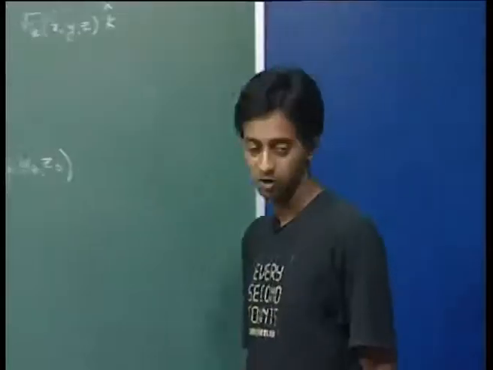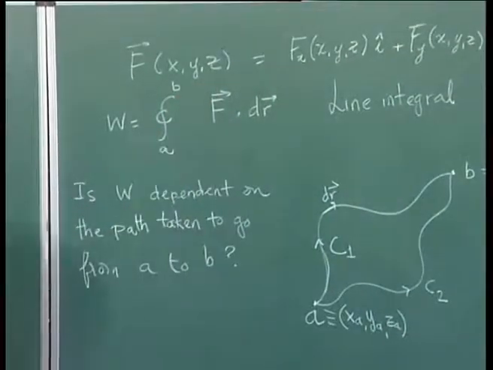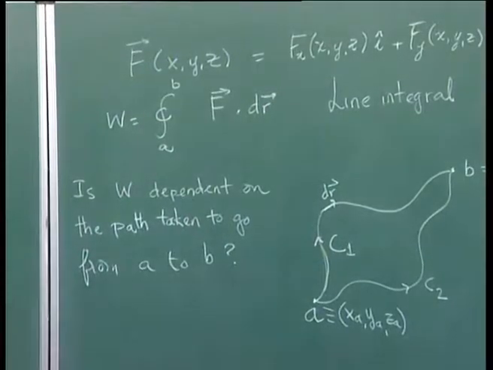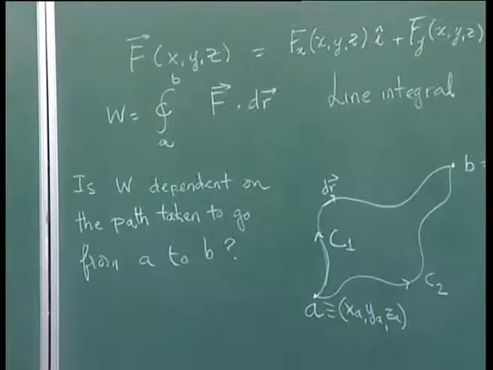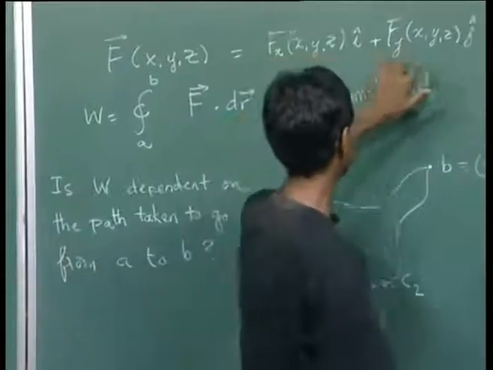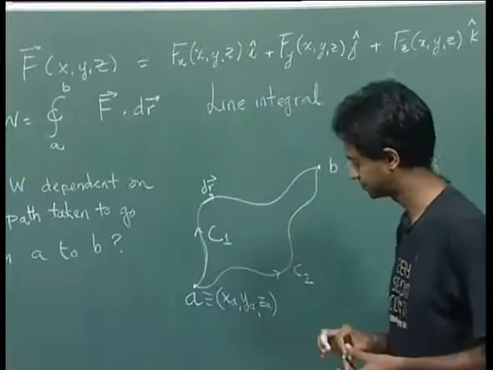And so if you ask what is the feature of this force field F that makes it path dependent or path independent? Okay. So that is what we are going to explore in the next few minutes. So you notice that the force is different at each point, and so if you want to calculate the work, you have to do this line integral.